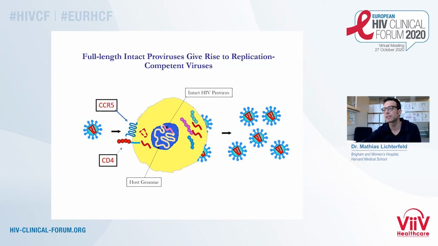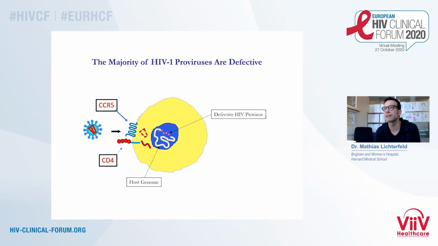The intact proviruses can build functional viruses, but the defective proviruses are just sitting in the chromosomal DNA and cannot produce functional viruses. And these defective proviruses really occur due to defects in HIV reverse transcription. So the viral reverse transcriptase that is doing this is making a lot of mistakes, and that's why the vast majority of HIV proviruses that are ending up in the chromosomes are defective.